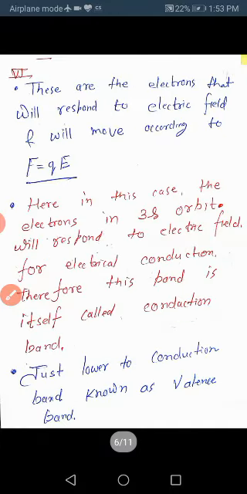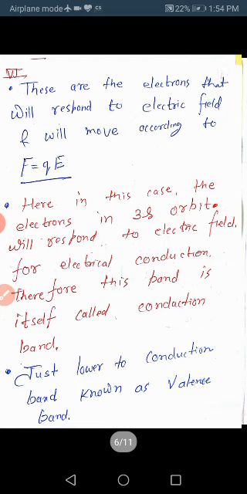These are the electrons that will respond to the electric field and move according to F equal to QE. In this case, the electrons in the 3s orbit respond to the electric field for conduction. Therefore this band is called the conduction band, and just lower is the valence band.